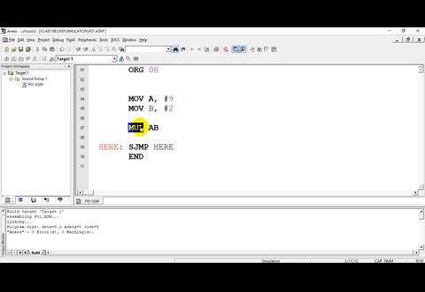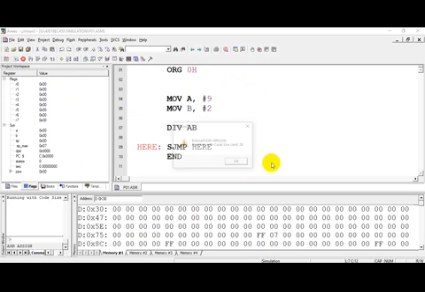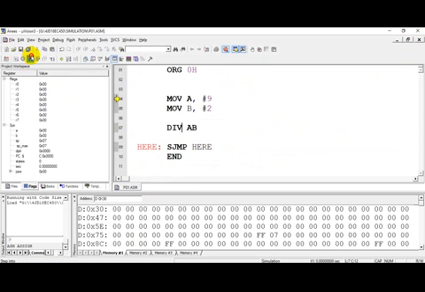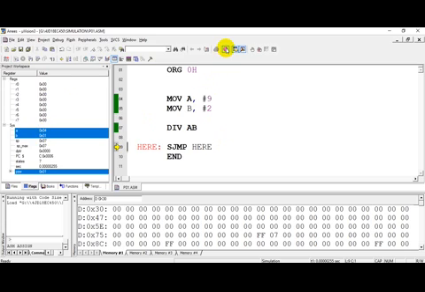And this is divide. So A contains 9, B contains 2. So after the execution, A will have the quotient, B will have the remainder. As you can see, B has got 1 and A has got 4, which is the quotient.